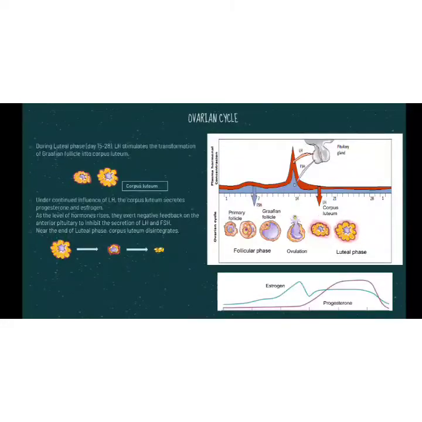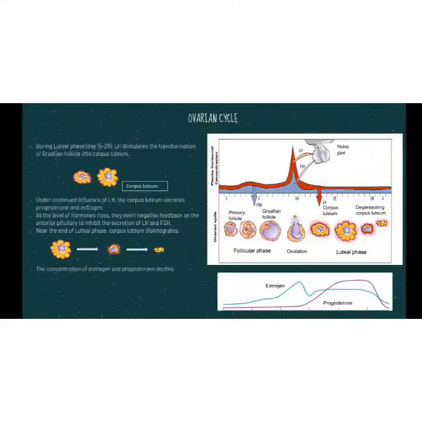As the hormone levels rise, they exert negative feedback on the anterior pituitary to inhibit the secretion of LH and FSH. Near the end of the luteal phase, the corpus luteum will disintegrate.